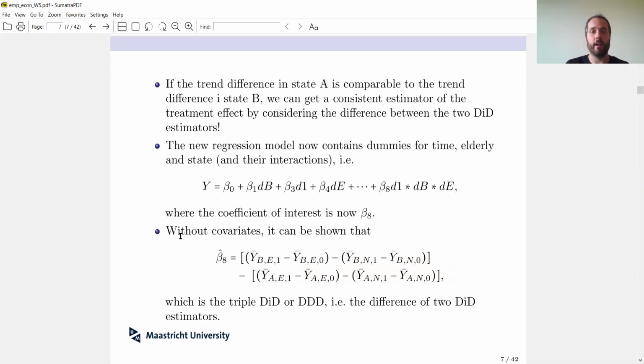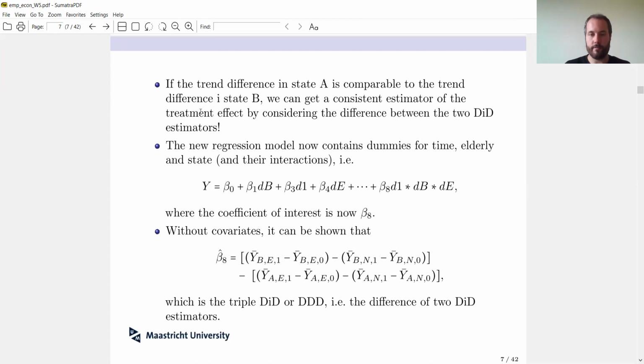And this something is actually important for us. Let's say the trend difference in state A between the elderly and the non-elderly is comparable to the trend difference in state B between the elderly and the non-elderly. We can again get a consistent estimator by canceling this out. We take a difference between the two difference-in-differences estimators.